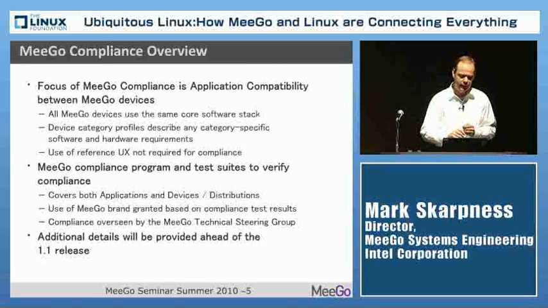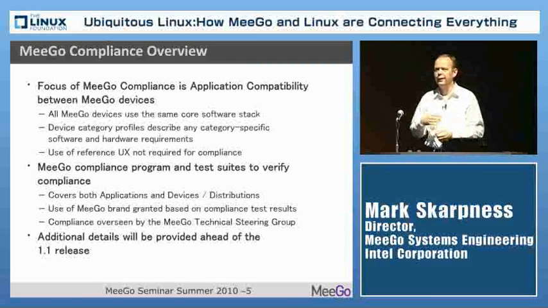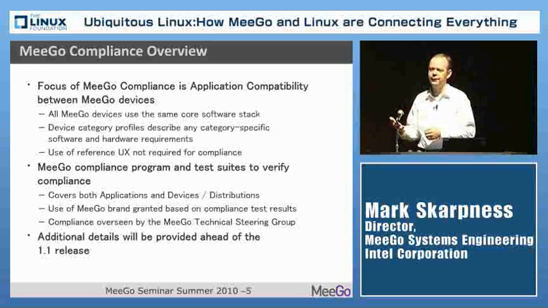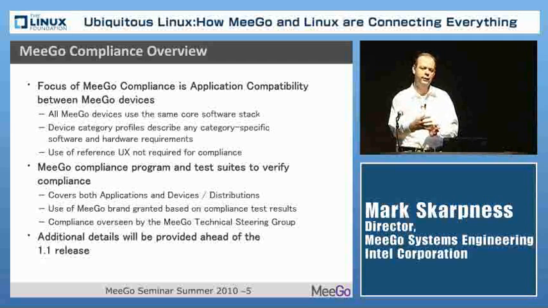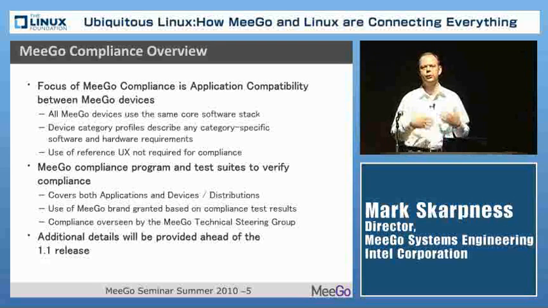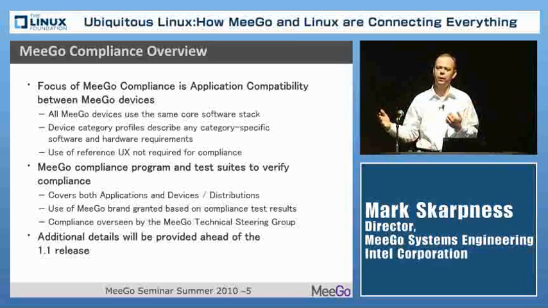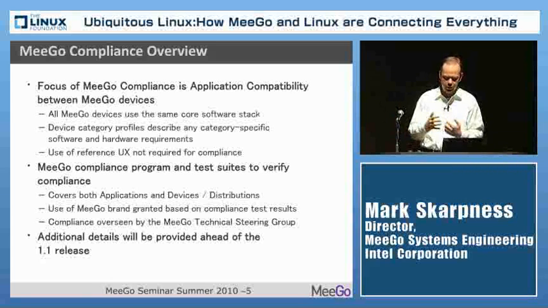And there's a little subtlety there in terms of you can write an application for a specific category. So for example, you could choose to write an application to be MeeGo handset compliant, where you've really targeted it for the handset. Or you can choose to write an application that's broadly MeeGo compliant across any device. And they're very close to each other.